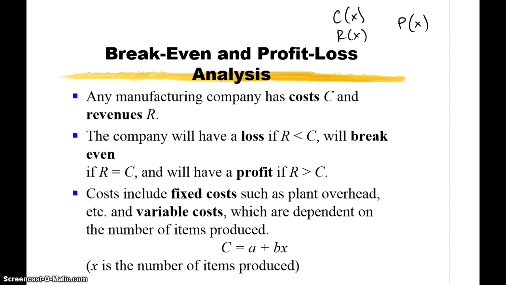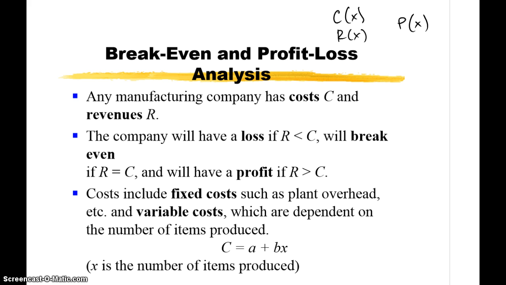Those are going to be the three main functions in our class. Well, it says any manufacturing company has costs C and revenues R. The costs are what it takes, the money or the amount of money it takes for the company to run its business. The revenues R is the money the business generates. Be careful not to confuse revenue with profit. Those are two different things.